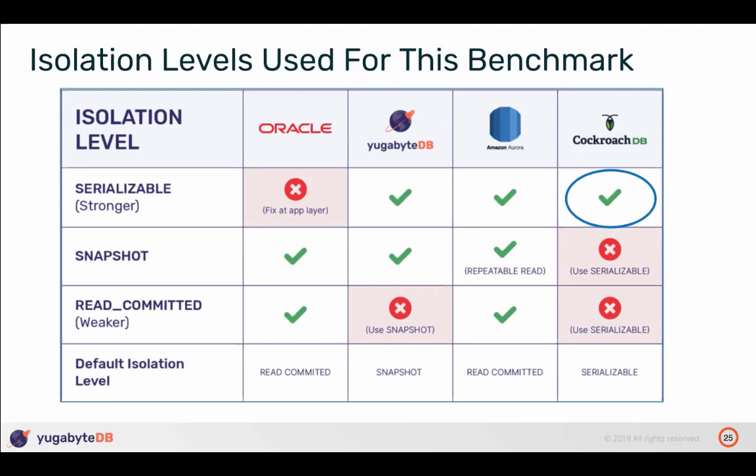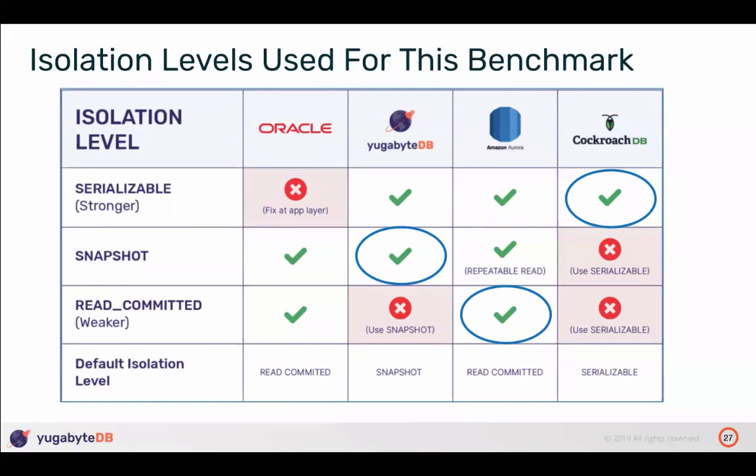So Cockroach, there's really no choice but to choose serializable. With Aurora, we picked read committed, which is the lowest level, which gives you the best performance. And with YugaByte, we picked snapshot, which is its lowest level that gives you the best performance.